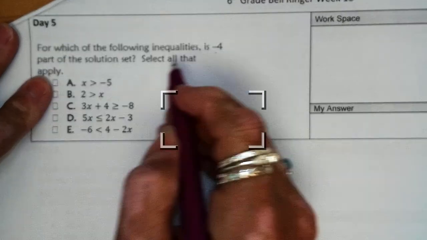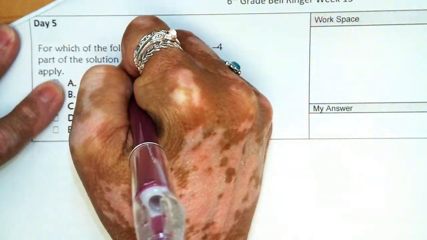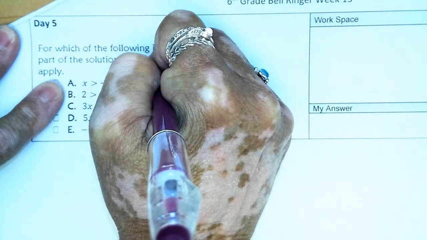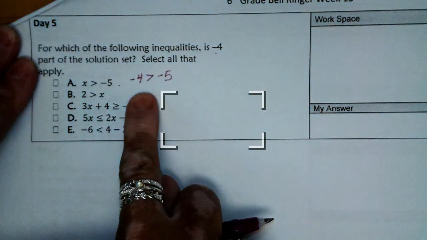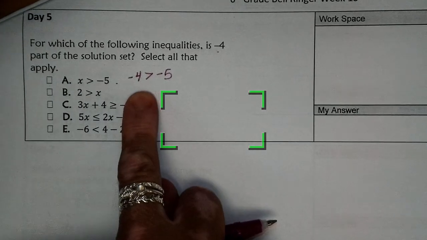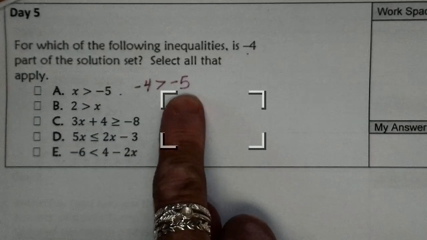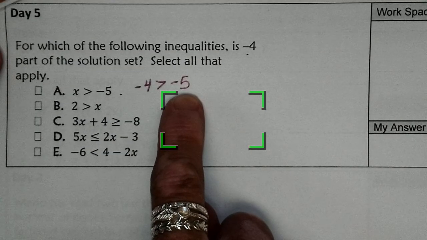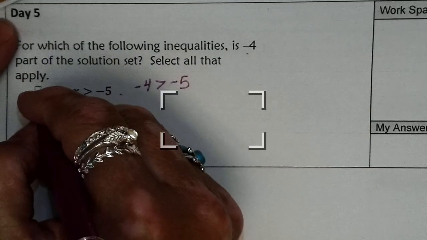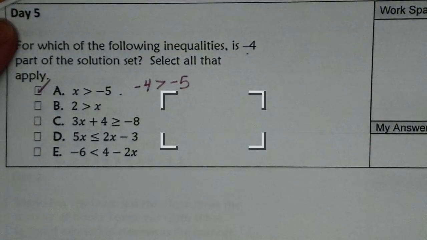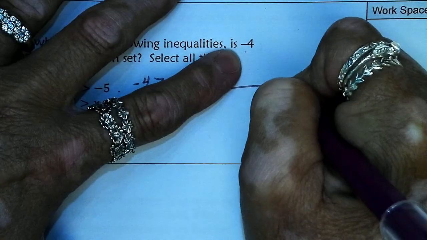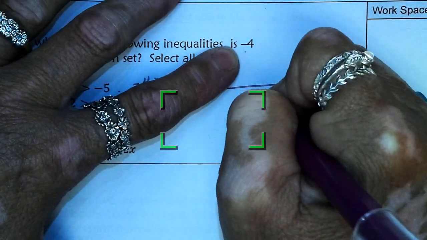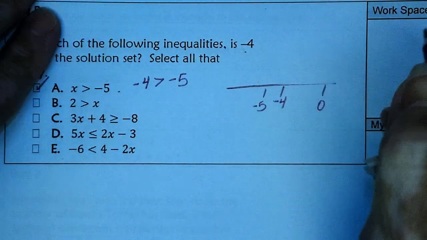All right, so if I substitute -4 in, we can do that one, right? So if I read the inequality, is -4 greater than -5? And that should be yes, because if we're on a number line, -4 is here, -5 is here, and 0 is there.